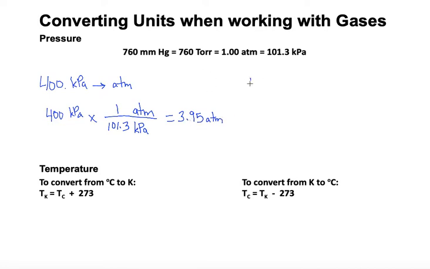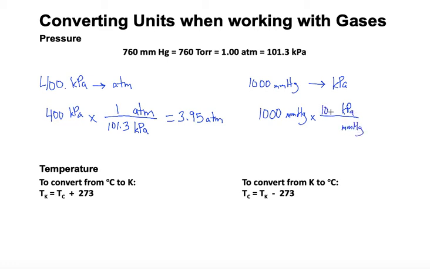Let's try one more. What if we had 1,000 millimeters Hg, and we want to convert that into kPa? So we would take our number, 1,000 millimeters Hg, and multiply by our conversion factor, which has kPa on top, because that's what I'm trying to find, and millimeters Hg on the bottom.